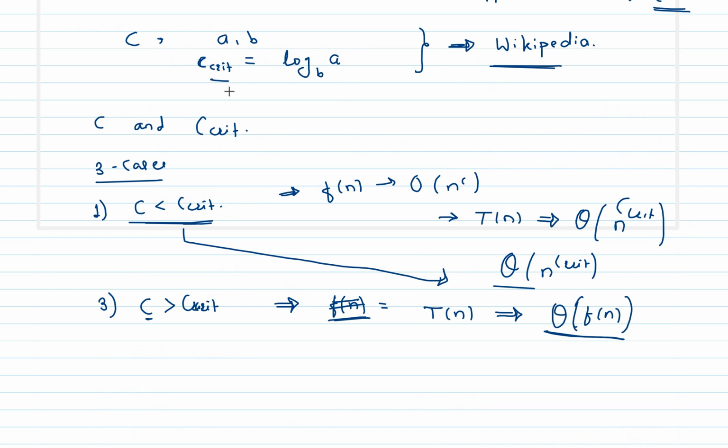So when I am taking log of a to the base b, in that case I will be getting some value of c critical, and if this value is a little bit higher, what this indicates is my number of sub problems are more. So I have one root, and for that root I have more number of sub problems.